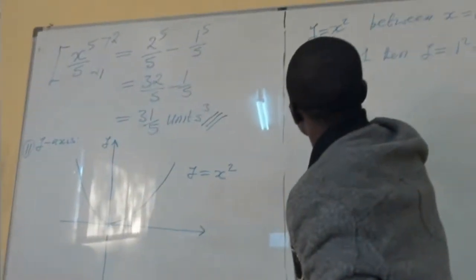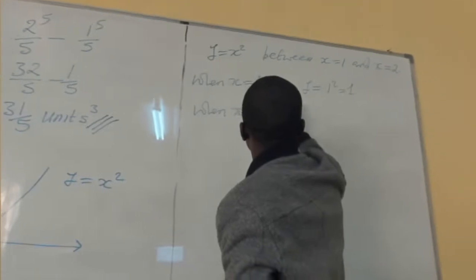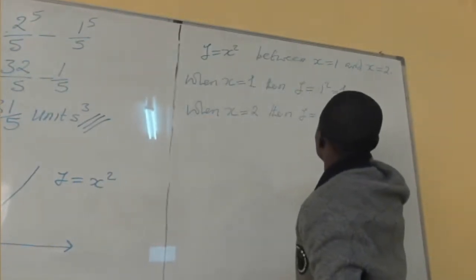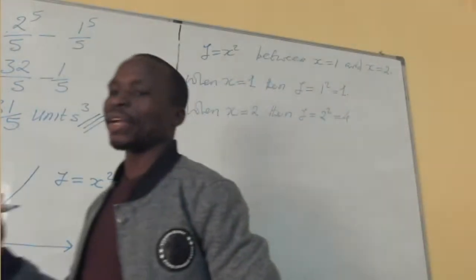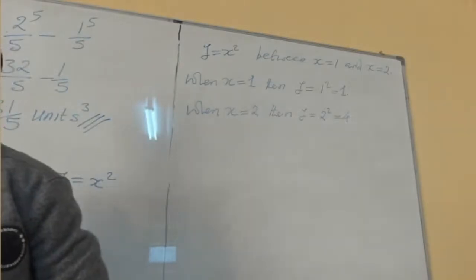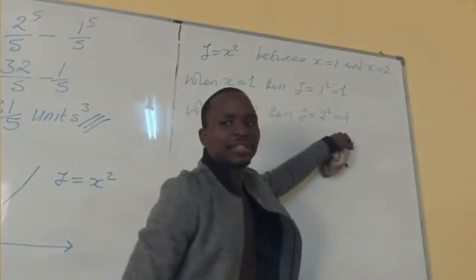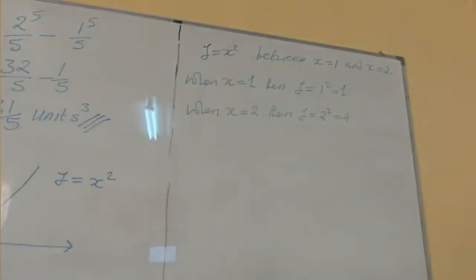When x is equal to 2, then your y will be equal to 2 squared, which is equal to 4. So now you have changed your limits of integration. When x is equal to 1, we are going to have 1 there.